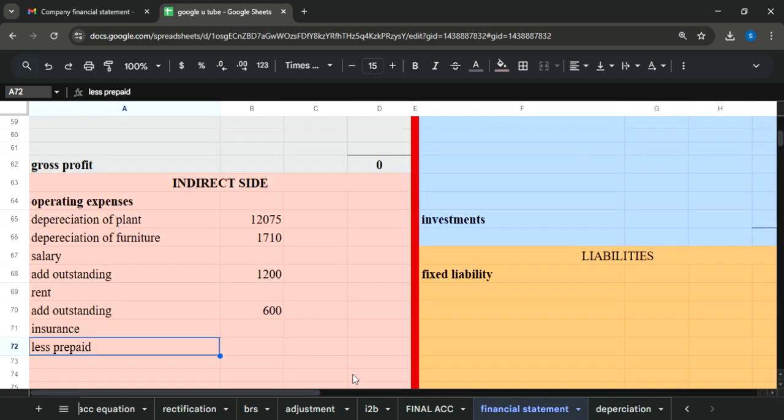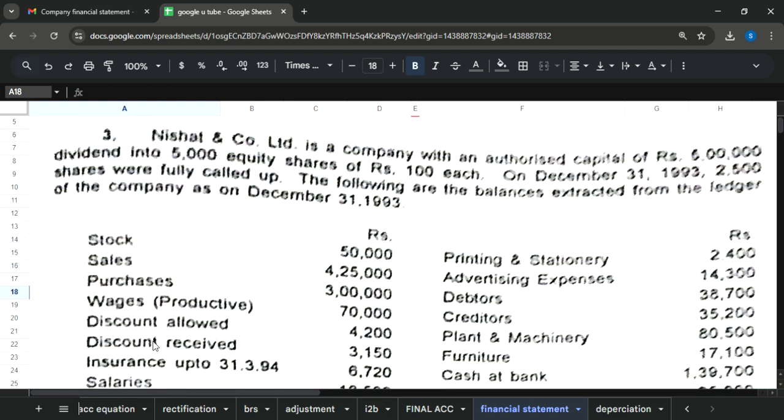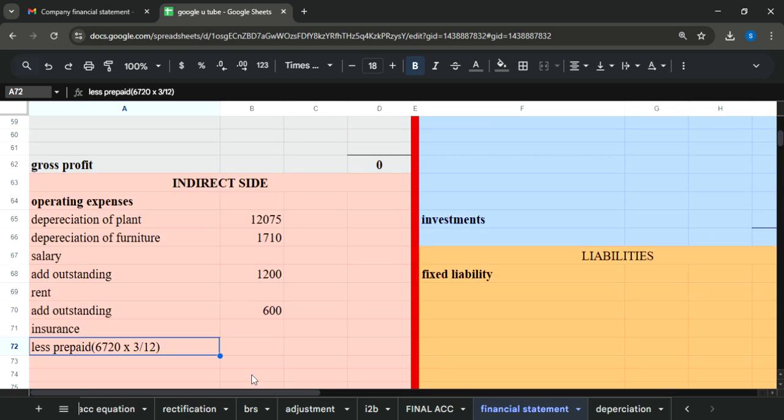So here 6720, but we will calculate only for 3 months. Multiply by 3 divided by 12. Once again I am telling you, look here. Amount of insurance was 6720 and we have paid 3 months extra. So guys, 6720 was the original amount of insurance and we need to take only 3 months.